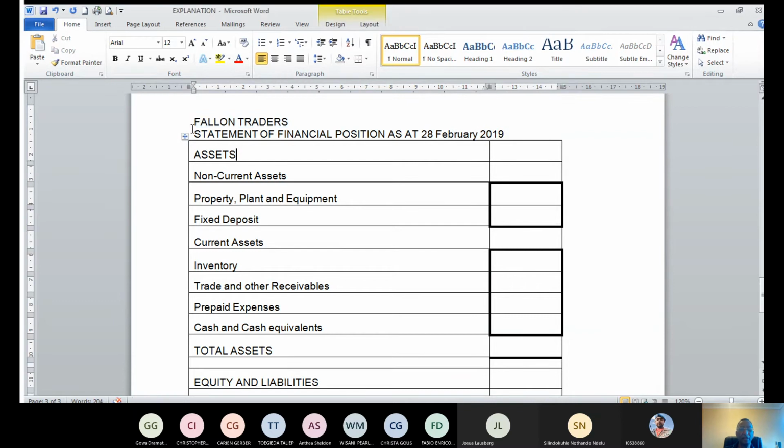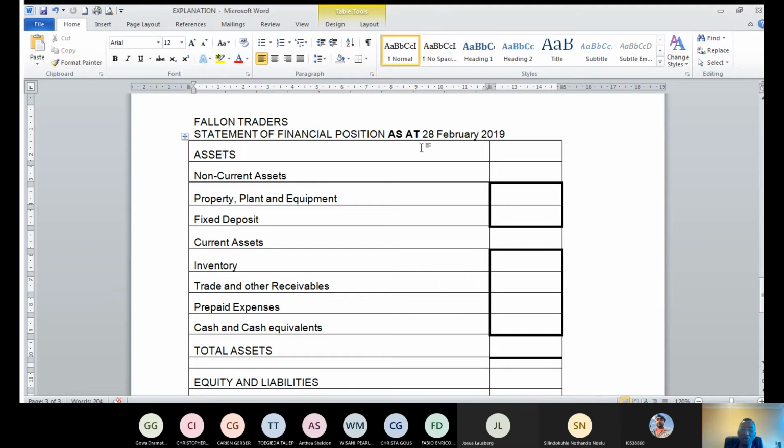And please note that the statement of financial position, the heading, it is indicated as at. Whereas the other statements will always speak about for the year ended. But the statement of financial position is drawn up at a particular point in time, and the value of the assets and the liabilities can change at any time.